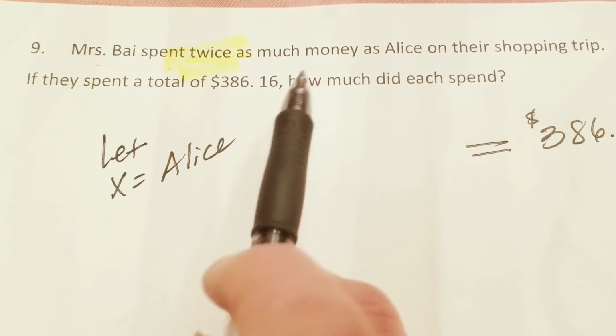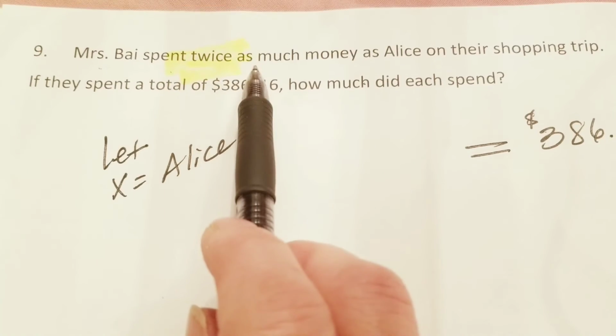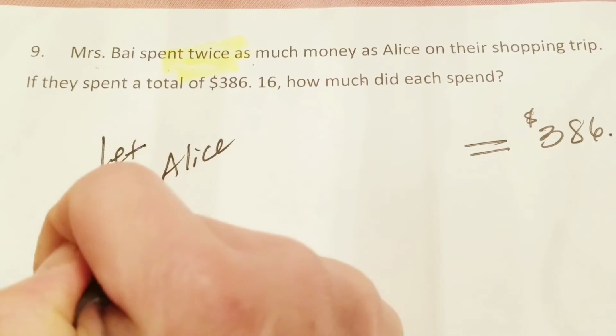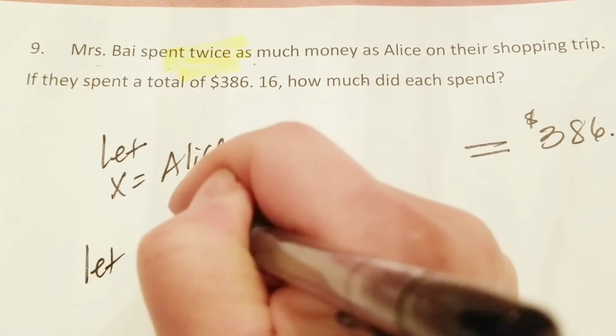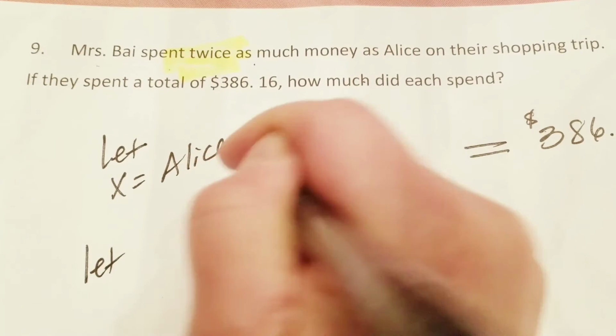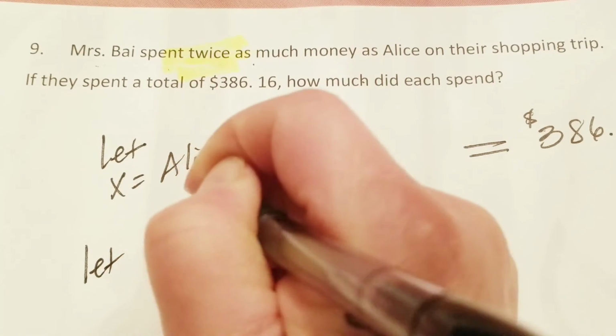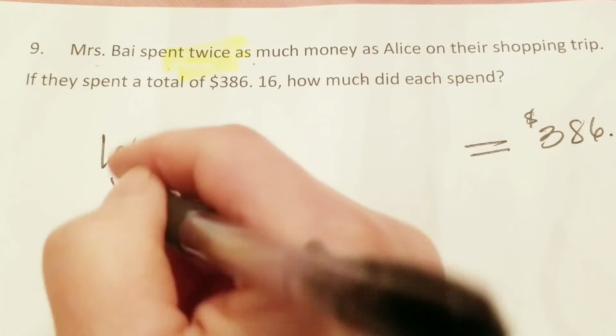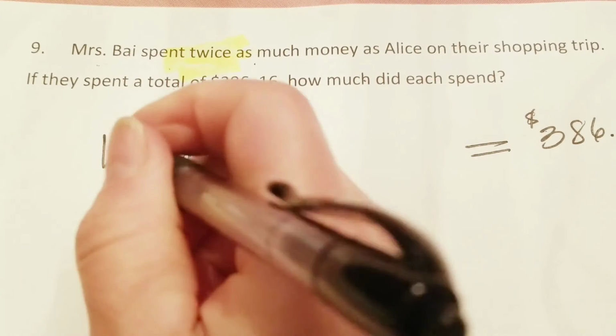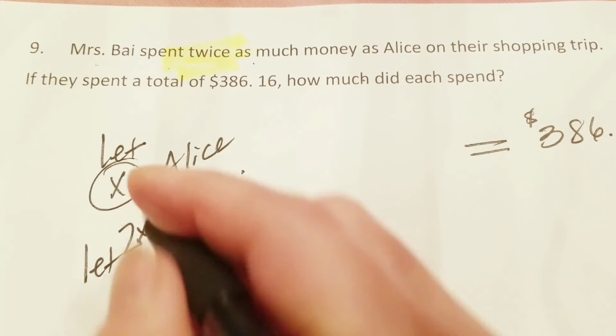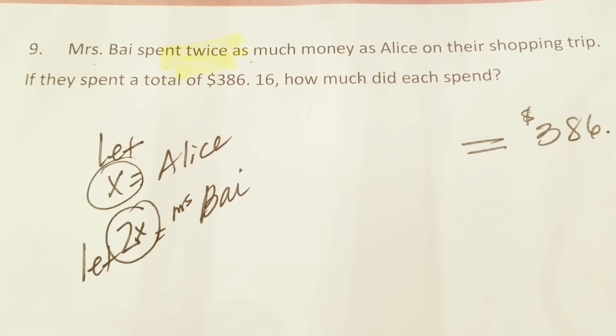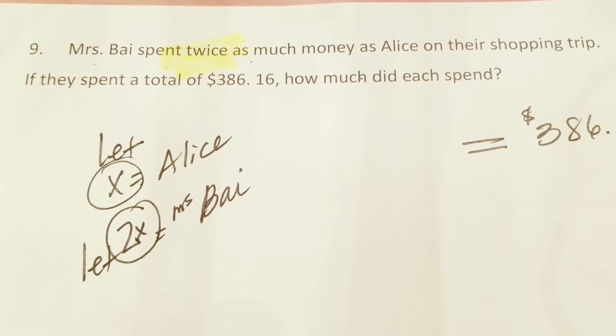And if Mrs. Bai spent twice, what would she spend? She would need to spend twice as much. So Alice spent X. This Bai lady spent 2X. Okay? Because she spent twice as much.